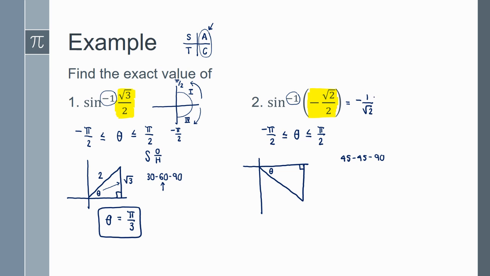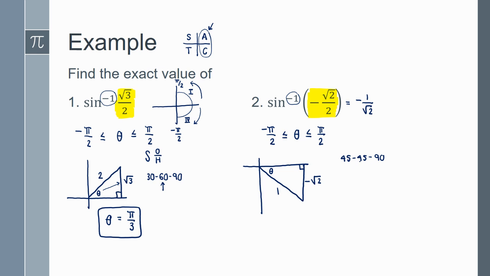I do want to think about it in terms of before it's rationalized, because once again, if we know that sine is opposite over hypotenuse, opposite is where that square root of 2 would be. But because the hypotenuse is 1 and the hypotenuse has to be positive, hopefully it makes sense that it's that leg that's negative, because we're dealing with the leg going down.